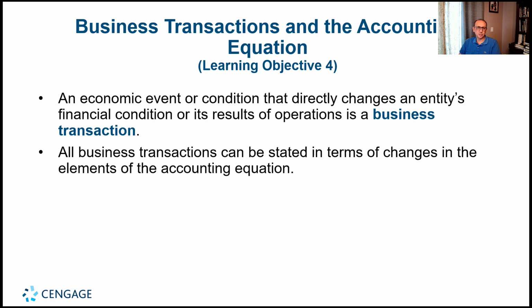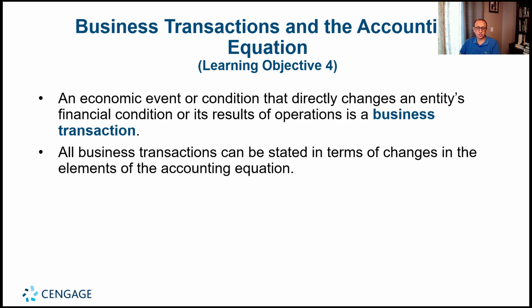So, business transactions and the accounting equation. I think this will give us an idea of how the accounting equation works, and we will use some examples to clarify the concept. An economic event or condition that directly changes an entity's financial condition or its results of operations is a business transaction. You may have heard me saying transactions several times before.